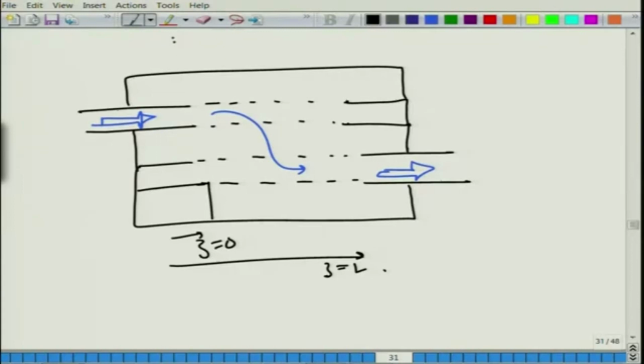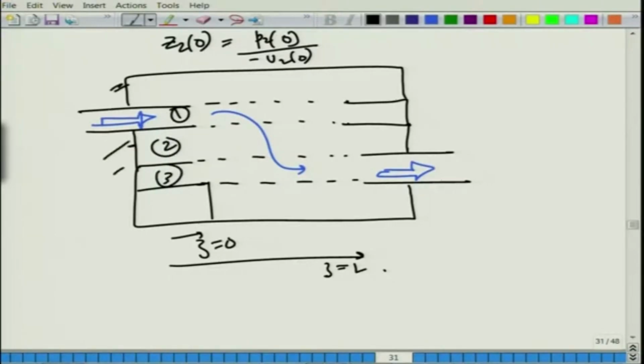What we basically get is your boundary condition z2 at 0 is equal to p2 at 0 divided by minus u2 at 0. So basically 2 is this region, 1 is this guy, 3 is here. At this point we are assuming a rigid walled end plate.